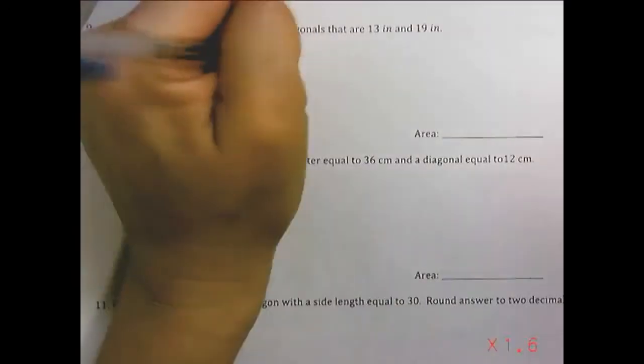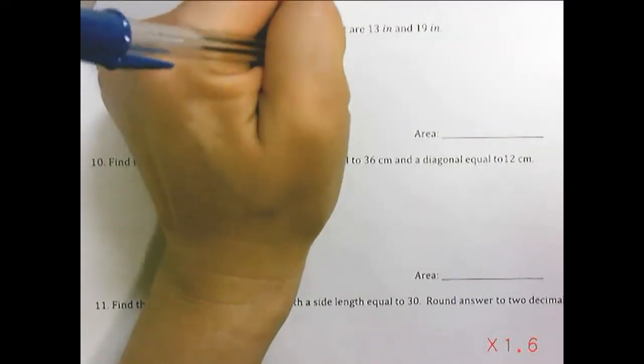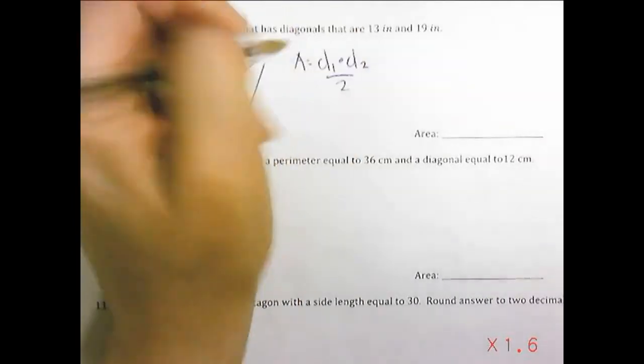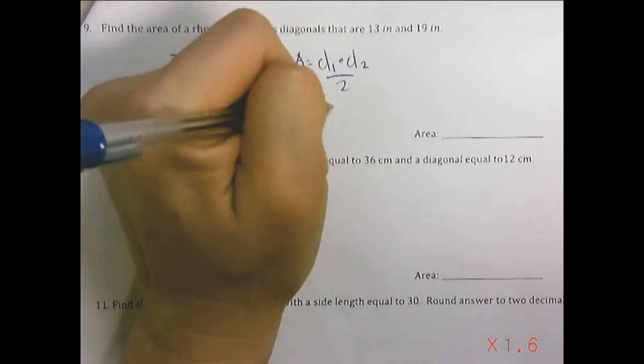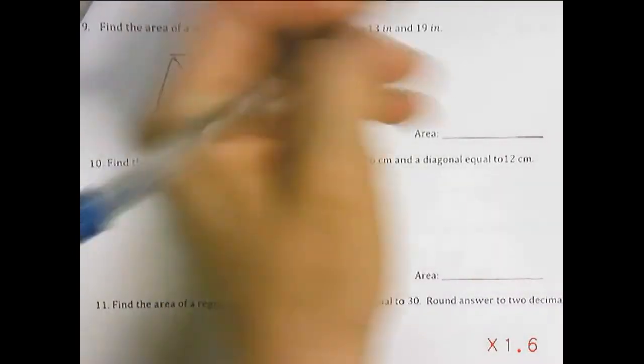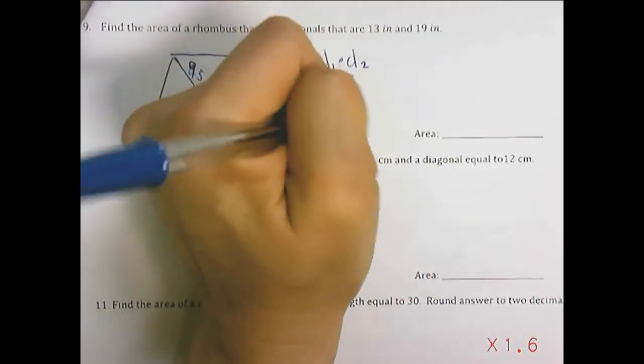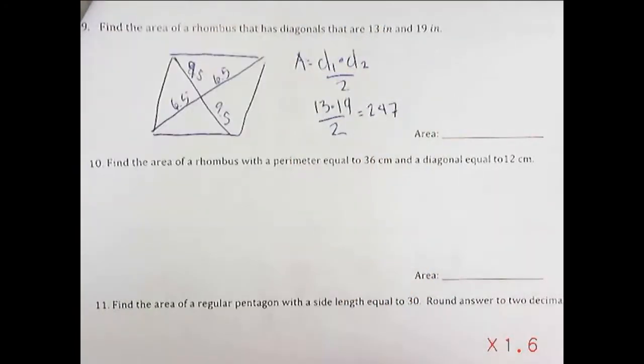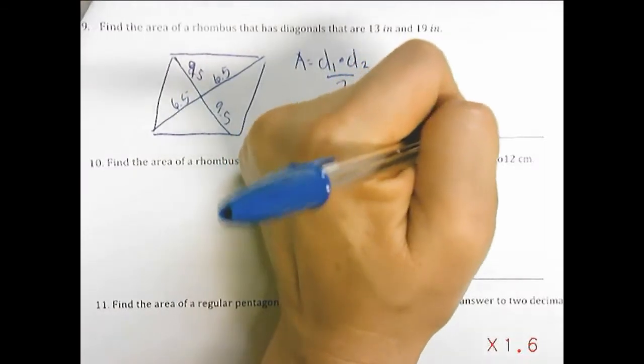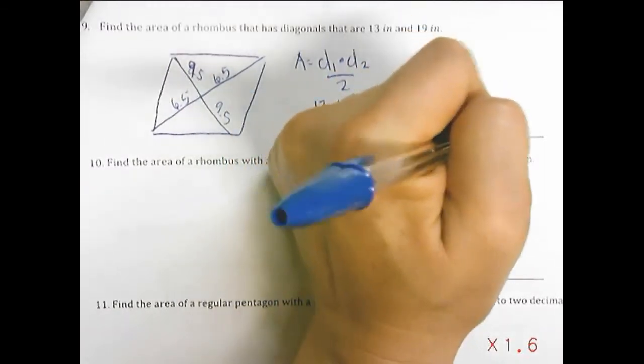Well, the area is simply D1 times D2 divided by 2. You would do 13 times 19 and divide it by 2, which would be 247 divided by 2 would give you 123.5 inches squared.